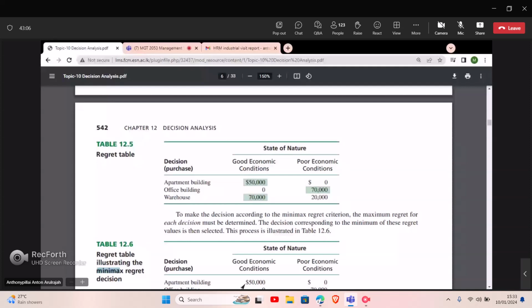Because 1 minus alpha is the criteria. Right? If they are completely optimistic, that's how. So this 1 minus alpha is the coefficient of pessimism, right? So here the alpha value is given, therefore you have to multiply carefully and get the values.